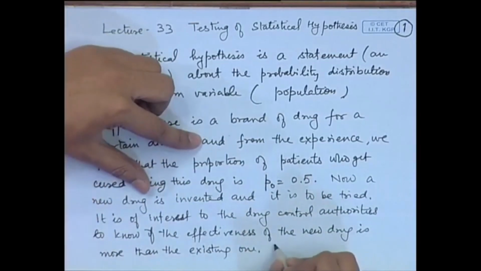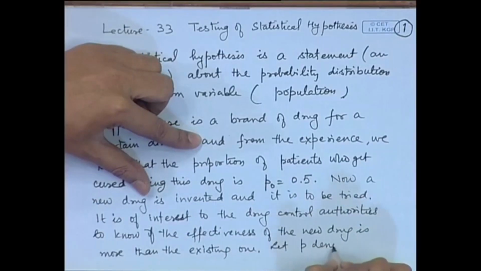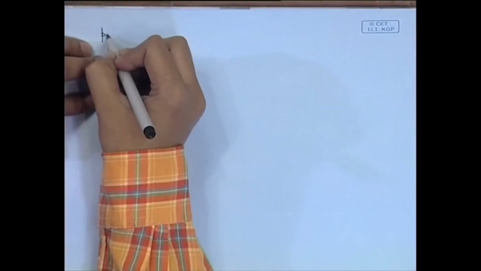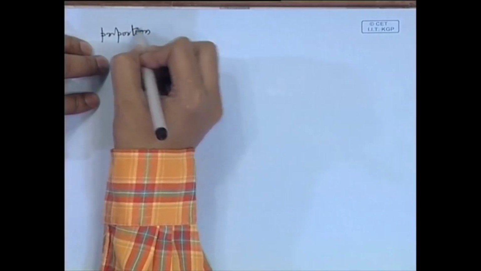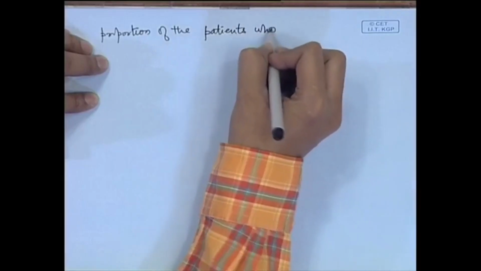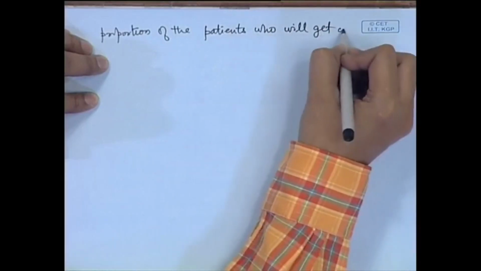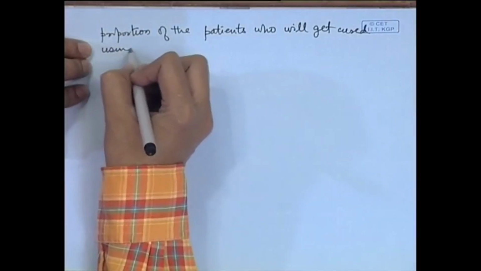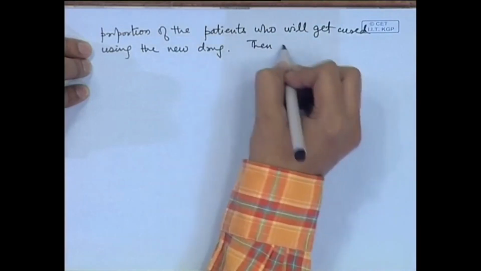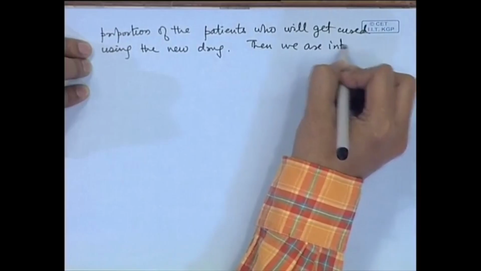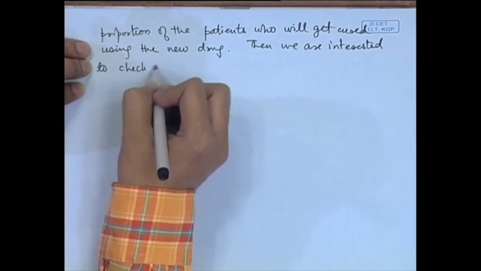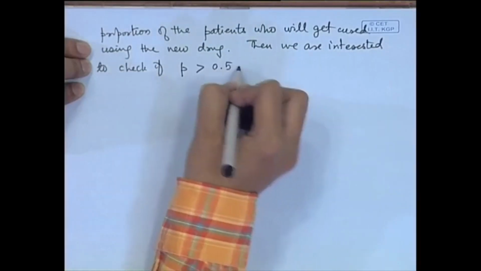So, what we do, let P denote the proportion of the patients who will get cured using the new drug, then we are interested to check if P is greater than 0.5.